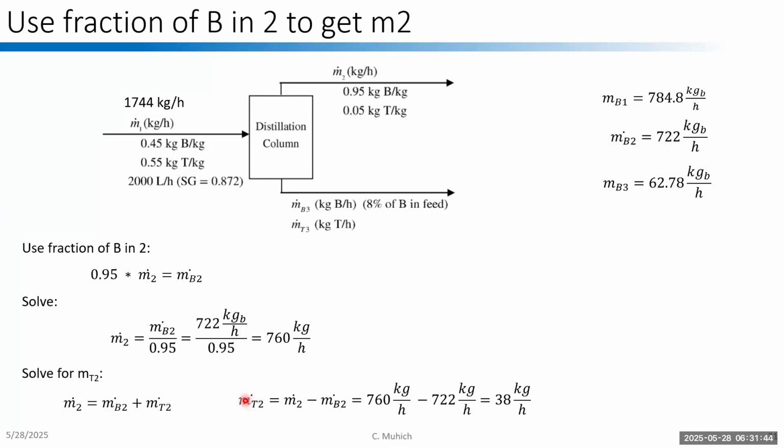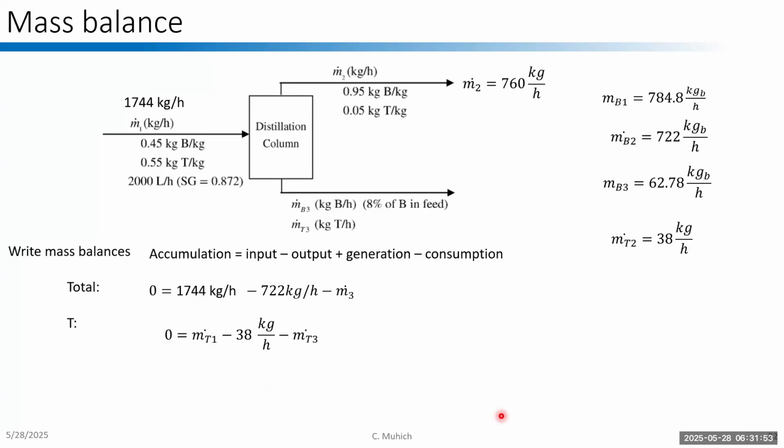I can find that the flow rate at T2 is M2 minus B2, which equals 38 kilograms per hour. Again, I'm going to put that information up here in terms of the individual flow rates, and then I can label in my diagram what M2 equals, which is that 760 kilograms per hour. Wonderful. We are cruising now.